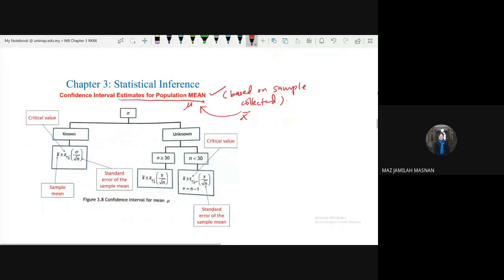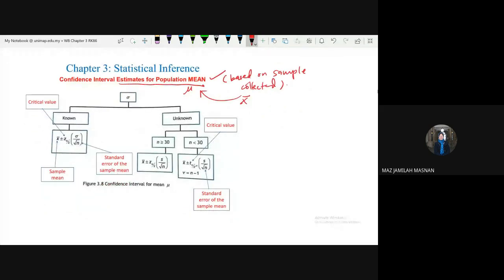There will be three conditions. The first one is if you know your population standard deviation. So this is sigma, the population standard deviation.